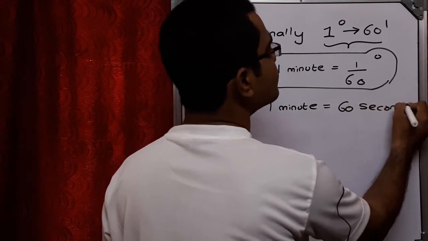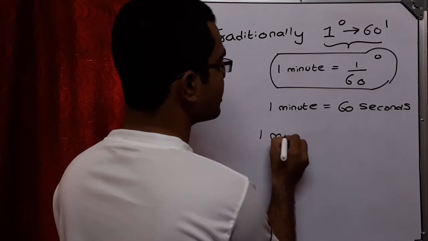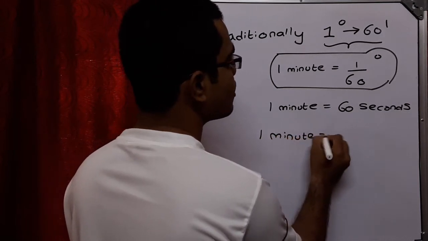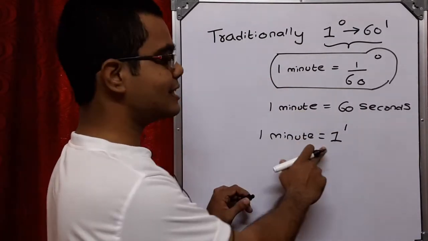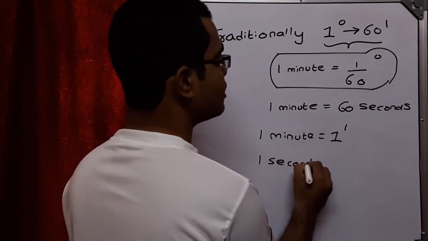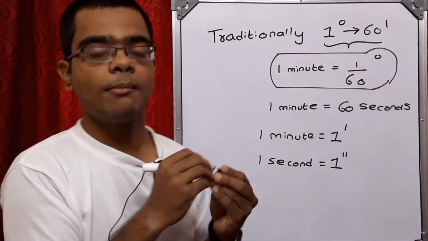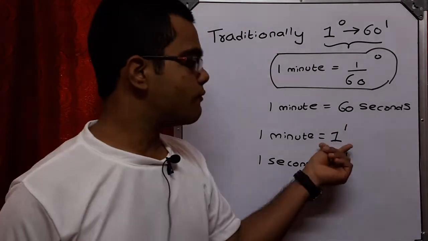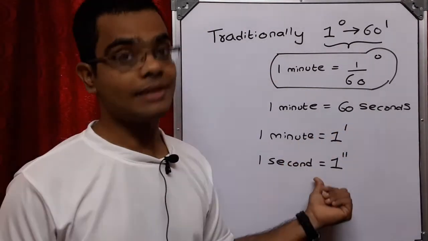In questions we might see 1 minute represented as a single dash, and 1 second represented as a double dash. So always remember, in questions don't get confused: 1 single dash is 1 minute, 1 double dash is 1 second.